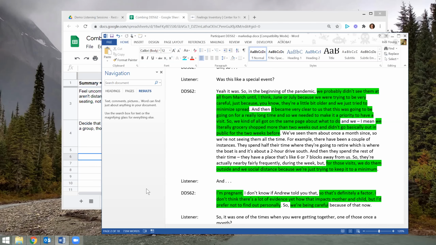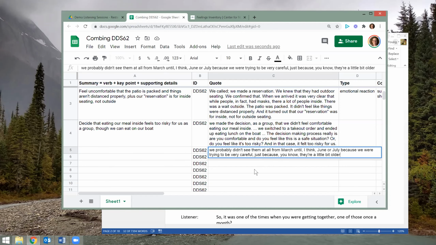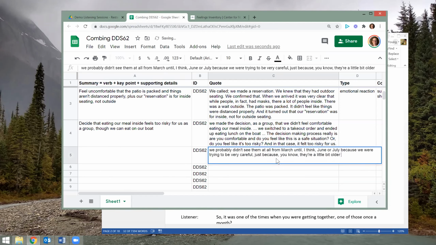Couple of different concepts. One is the decision to actually see them, and the other is how we're going to make sure we aren't spreading anything. Okay, so I'm going to take this part here because it's one of the concepts. So I'm untangling something now.